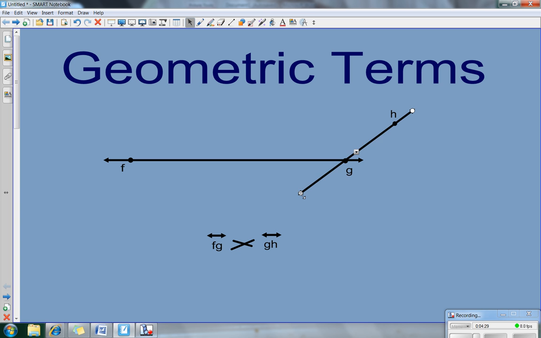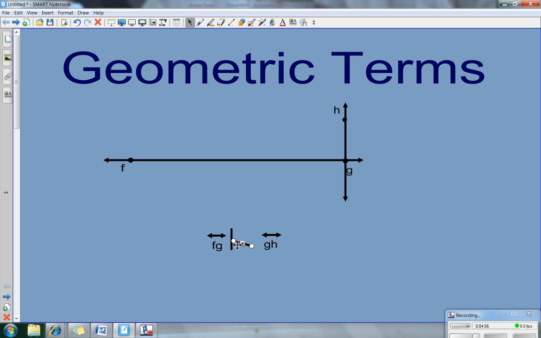When 2 lines intersect at a common point and they form right angles, which means those are 90-degree angles, they look kind of like a square angle, we call those perpendicular lines. So now line FG and line GH are perpendicular with each other.